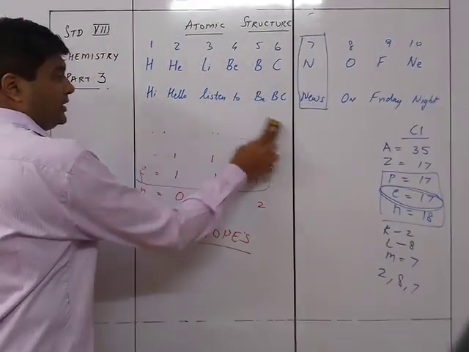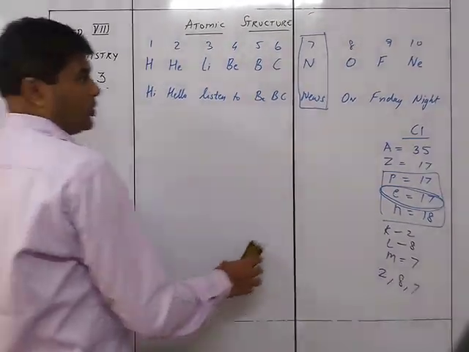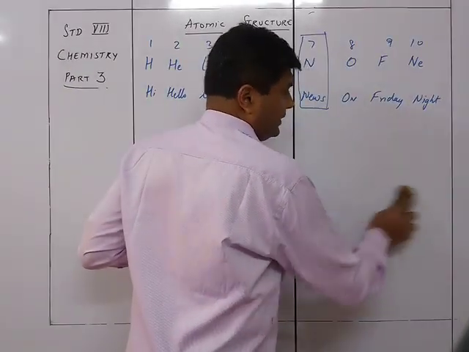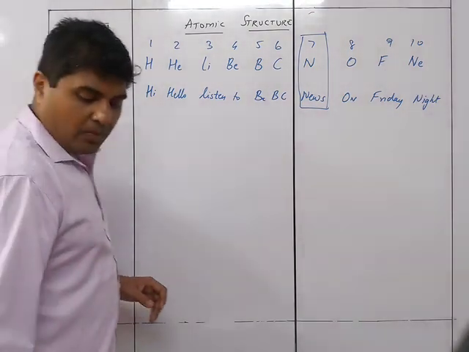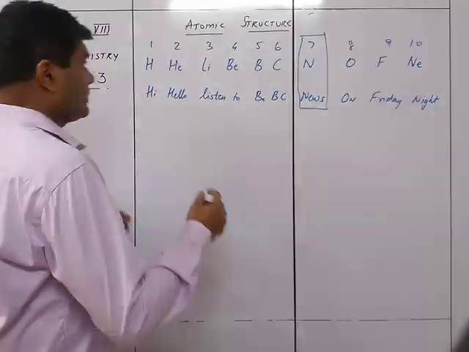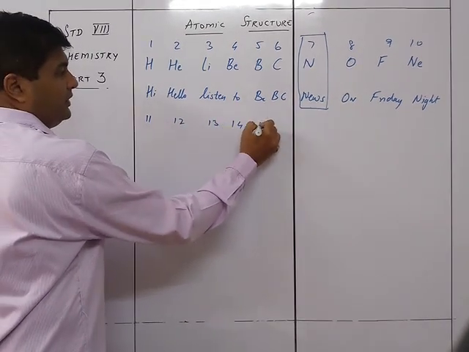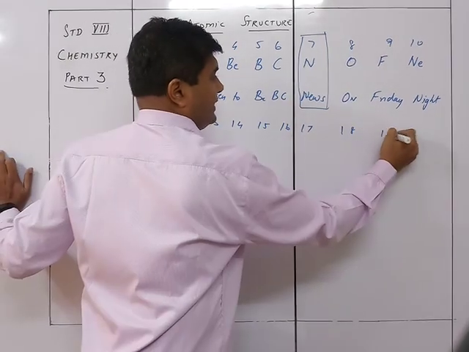The first 10 are hydrogen, helium, lithium, beryllium, boron, carbon, nitrogen, oxygen, fluorine and neon. We now move on to the next 10 elements: 11, 12, 13, 14, 15, 16, 17, 18, 19 and 20.